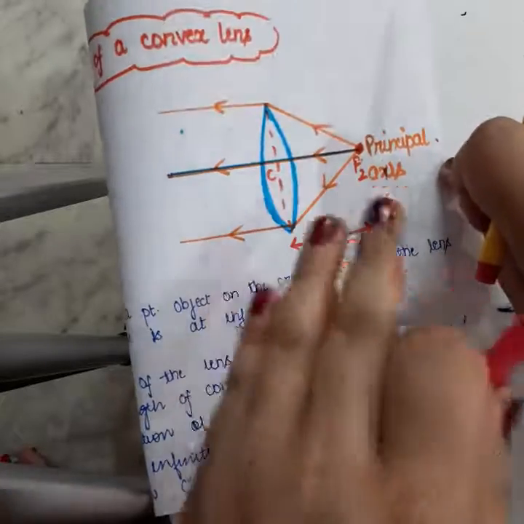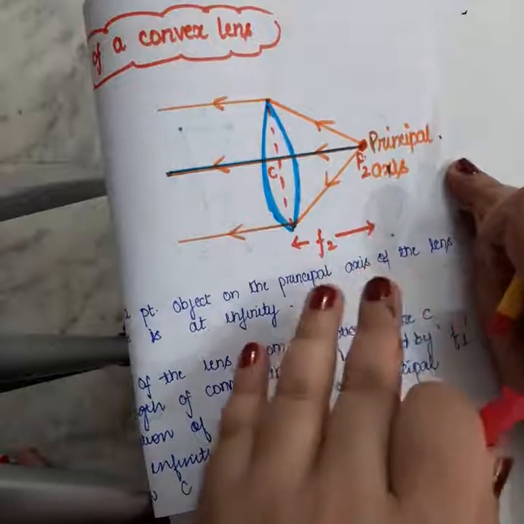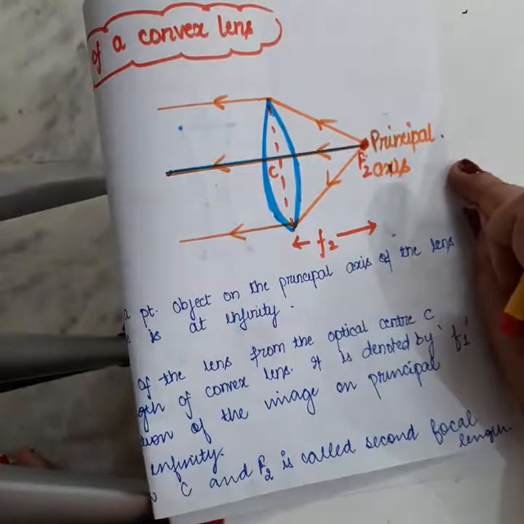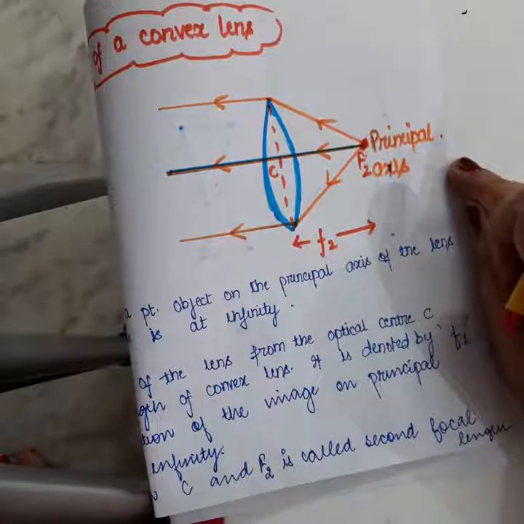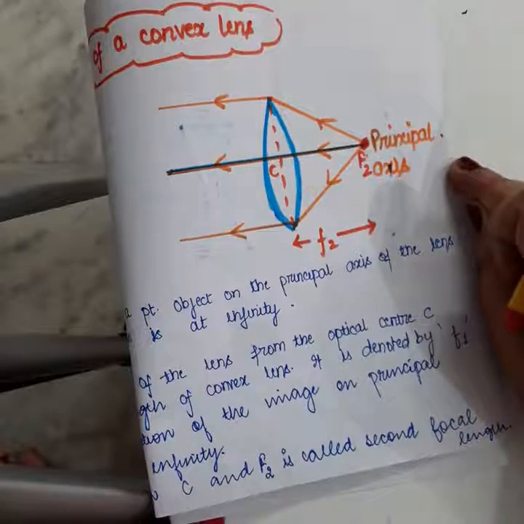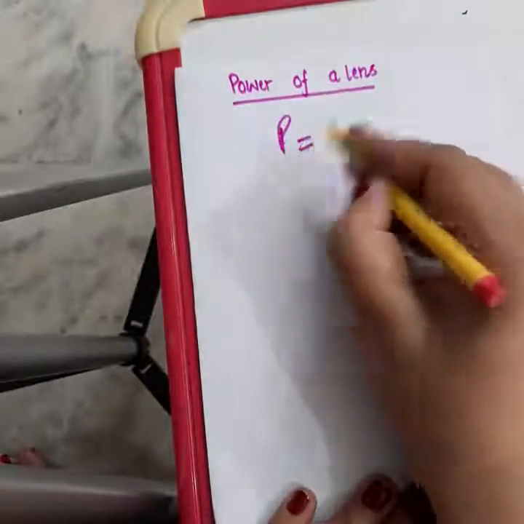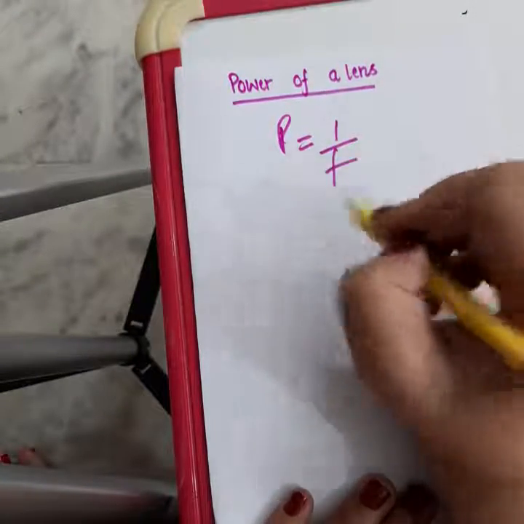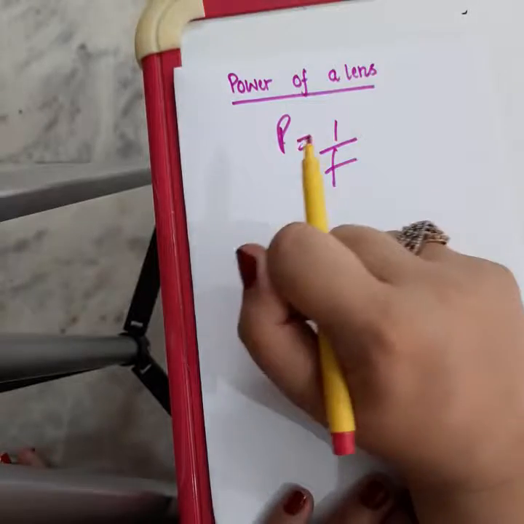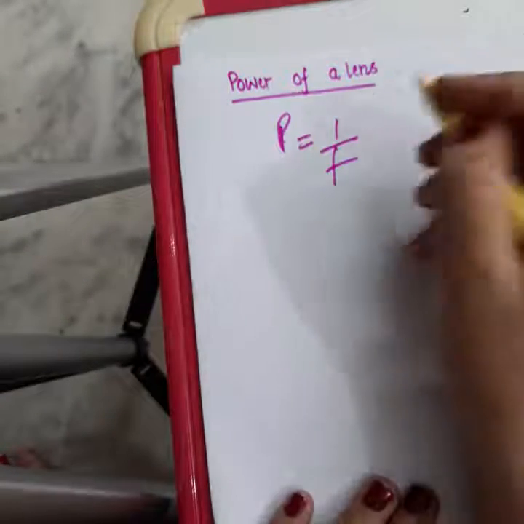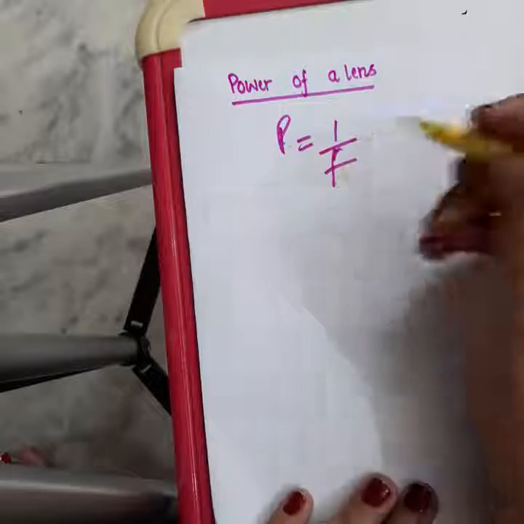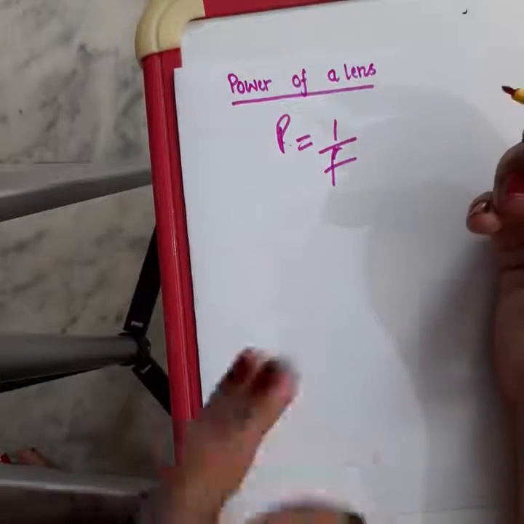So this means the ability of convergence by this convex lens is a bit less, and this means the power of the convex lens is less. So it would not be wrong to say that power is equal to 1 upon focal length. The same applies for a concave lens as well. Okay, so this is 1 upon f. It is the reciprocal of focal length.